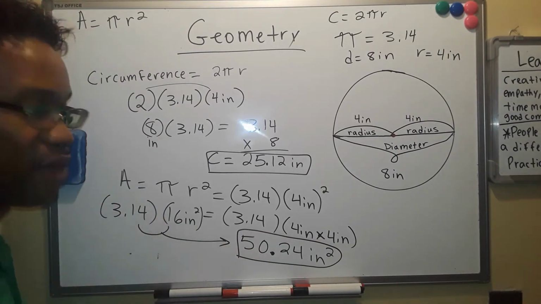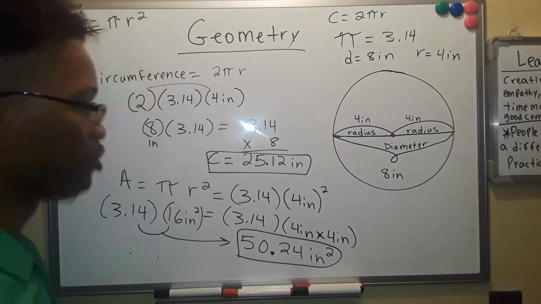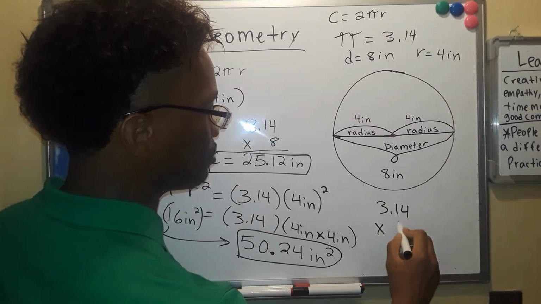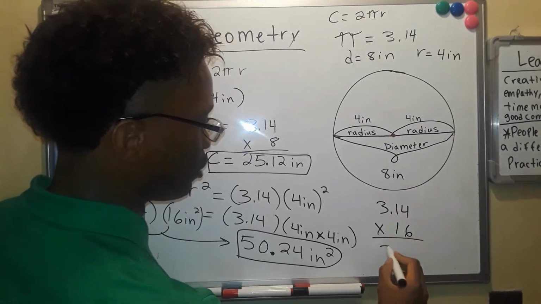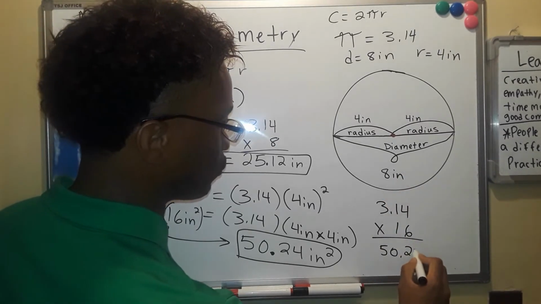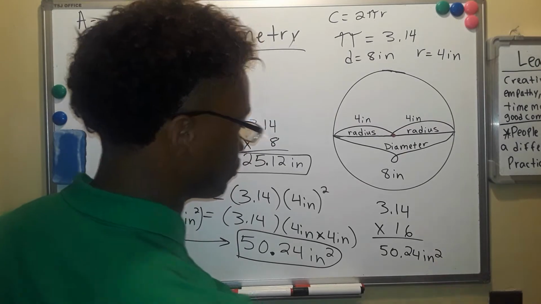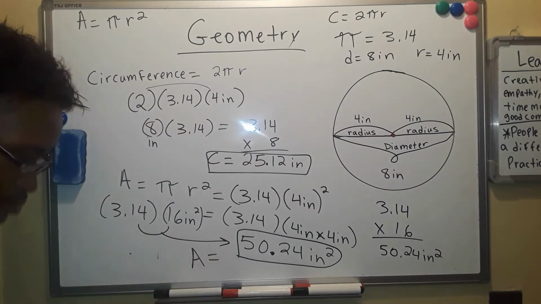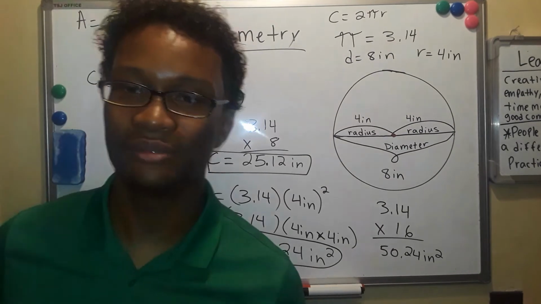I just multiply faster to save time, but when you do the work, 3.14 times 16 will give you that 50.24 inches squared. Okay, so that is our area. And that's how you do it.